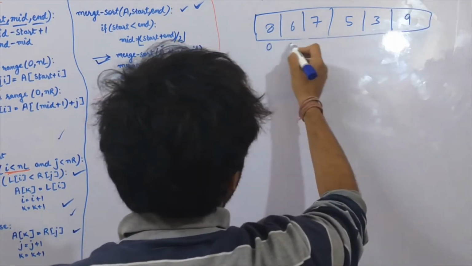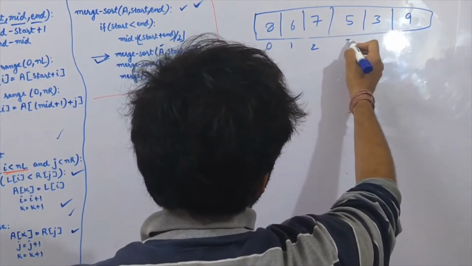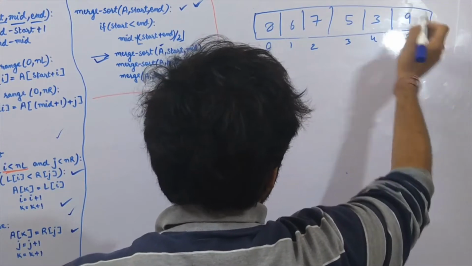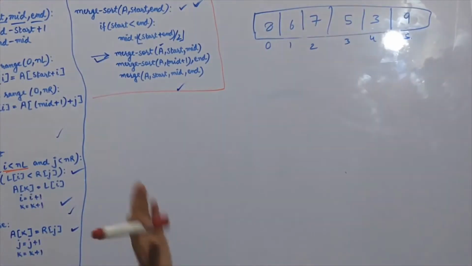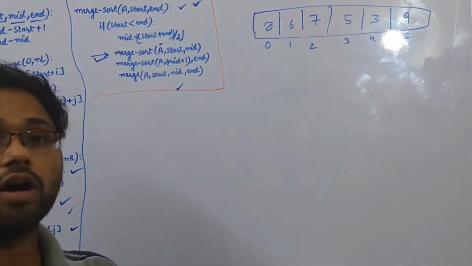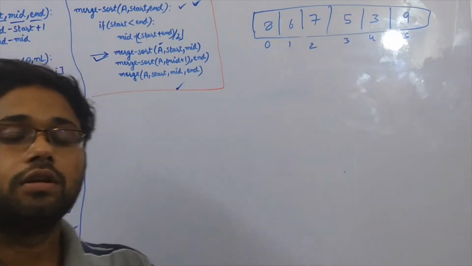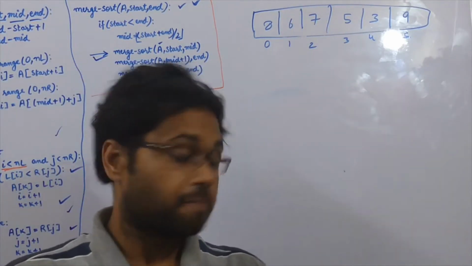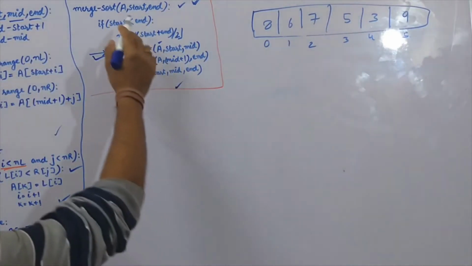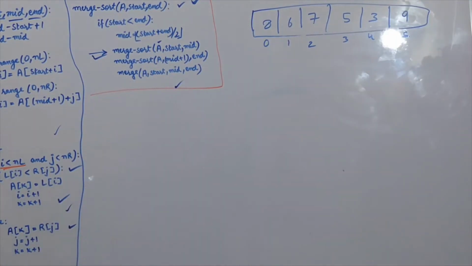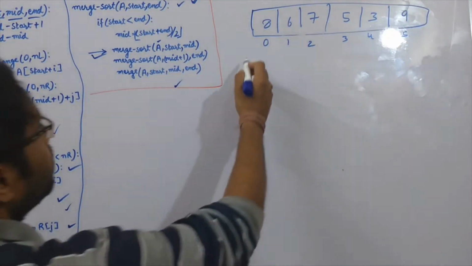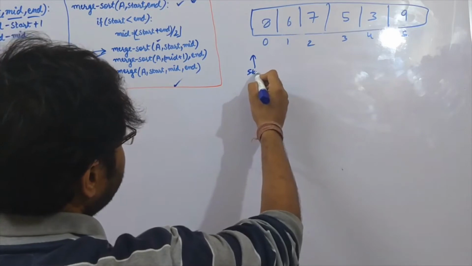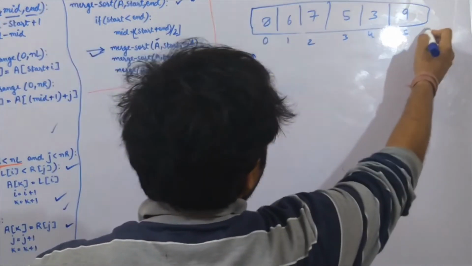I will start the index from 0. This is an array which contains 6 elements, and I will use the merge sort procedure to sort the array. The array A will be called with the start and end index. Our start index is 0 and our end index is what?